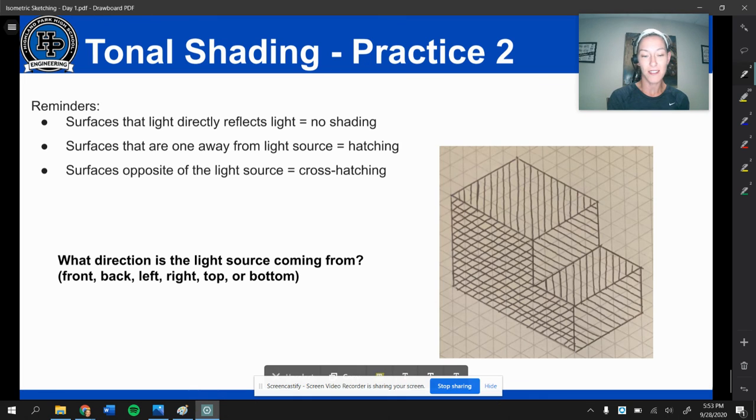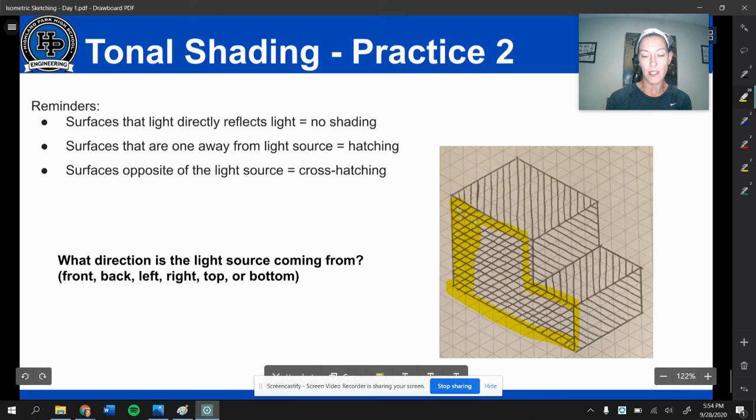Remember the conventions. No shading, direct light source. Single hatching is one away from the light source, and cross hatching means it's the opposite of the light source. Take a couple seconds. I think the easiest thing when you're looking at an object like this is to look for cross hatching.